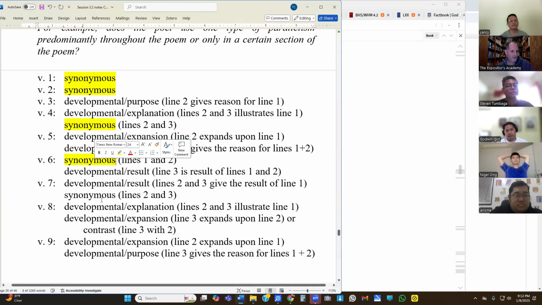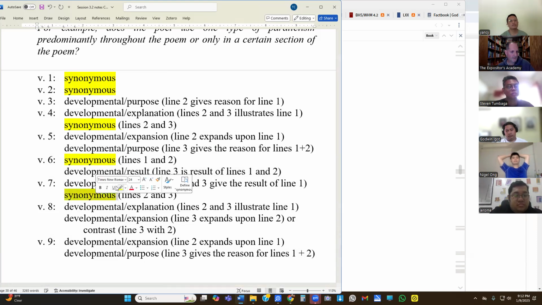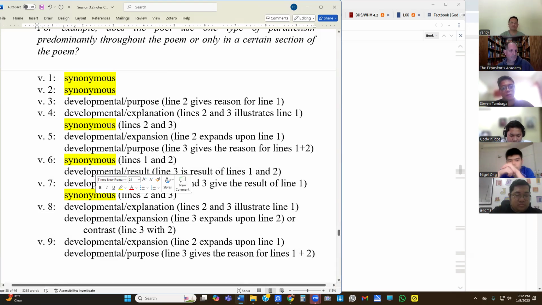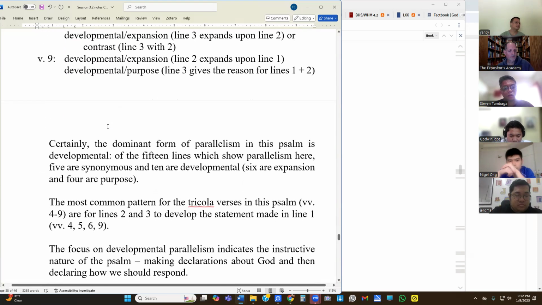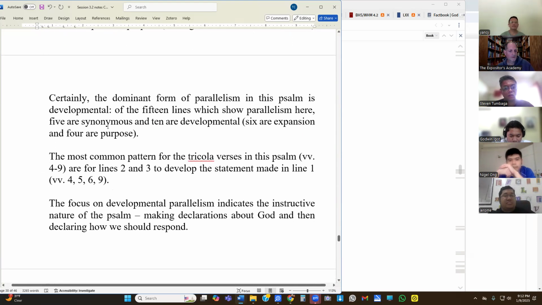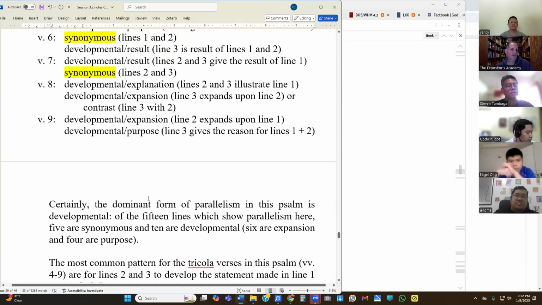I think there's 5, but there's 2, 4, 6, 8, 10 examples of developmental. So that's the more dominant pattern. The focus on developmental indicates the instructive nature of the psalm, making declarations about God and then declaring how we should respond. So that's all I had to comment on that.